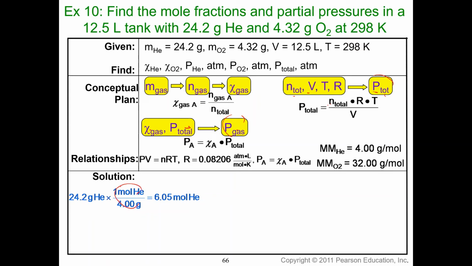Molar mass, right? You get that from the formula and periodic table, folks. Same for oxygen. You should know this by now. You have moles of individual gases. Now, what do we need to do? We can add them up to get the total moles. Once we add it up, we get the total moles, then we can find the mole fraction of each one of them.